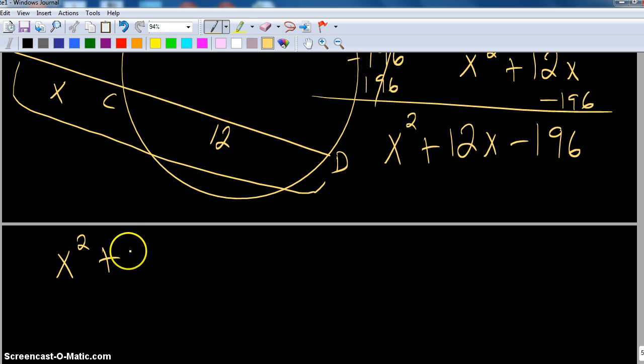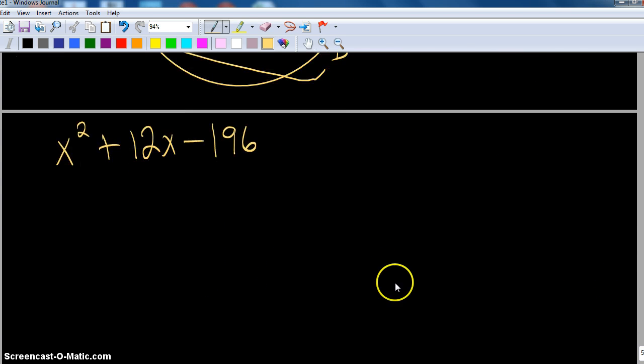X squared plus 12X minus 196. We need to factor it pretty much. And if you're taking Algebra 2, you can try to factor it on its own, but you're going to see that it can't be factored.